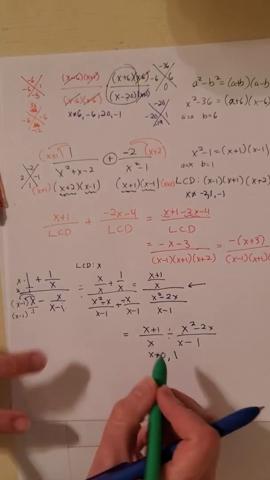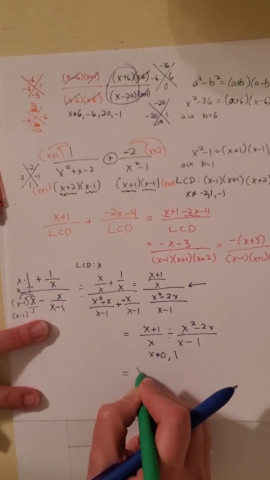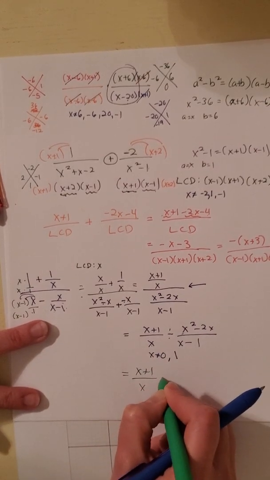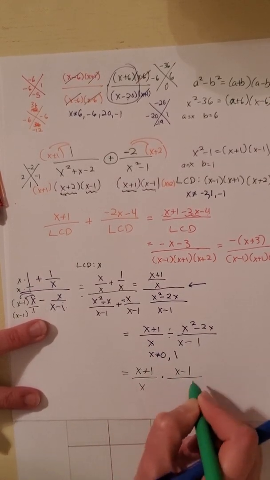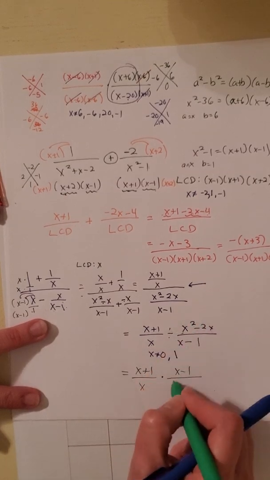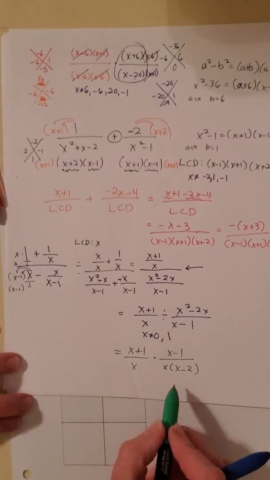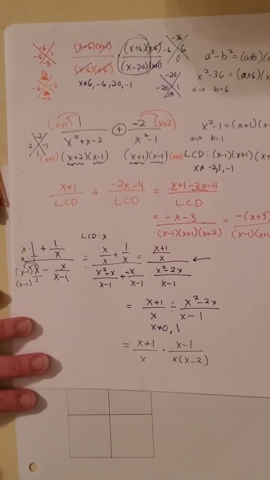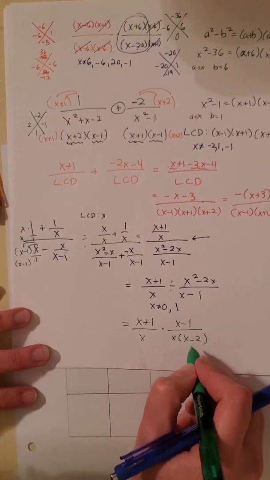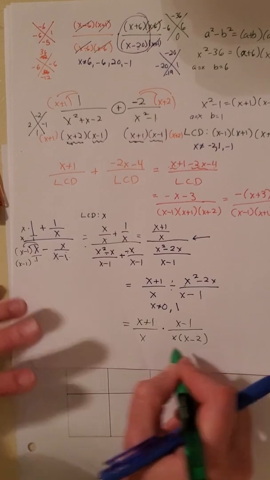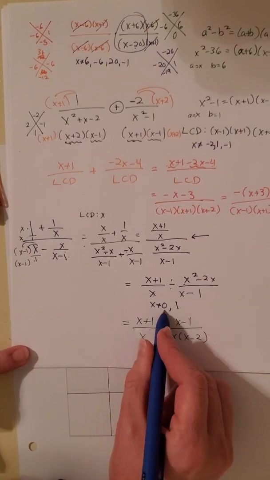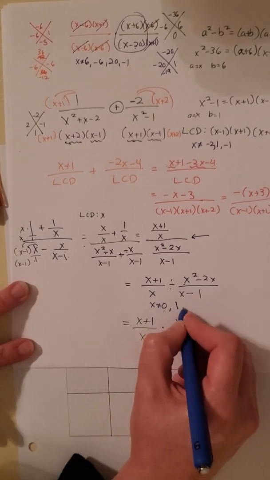So I'm going to flip this one upside down. I get x plus 1 over x times x minus 1 over, I'm going to go ahead and factor this, take out the common factor of x. And the reason that I did that is so that it's easier for me to find my restriction. So right here, I get another restriction. X can't equal 0, which I already have. X cannot equal 2.